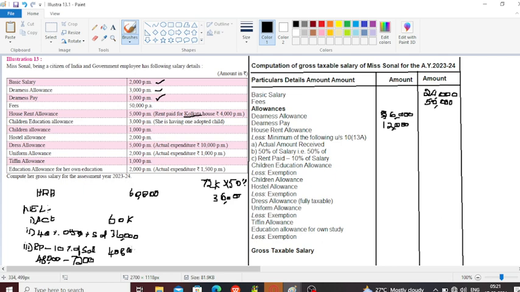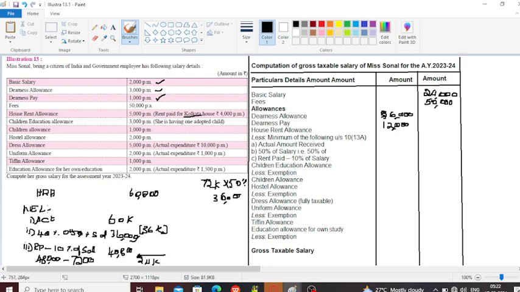We deduct whichever is the least of these three. Here the least one is 36,000. If you subtract from 60,000, we will get 24,000. So 24,000 is the taxable house rent allowance.